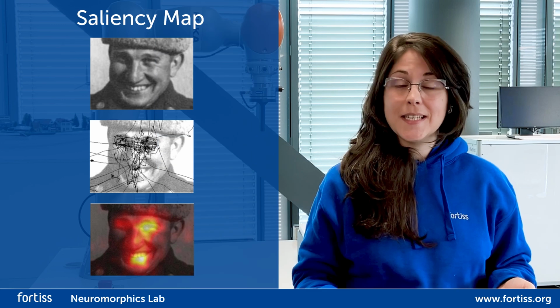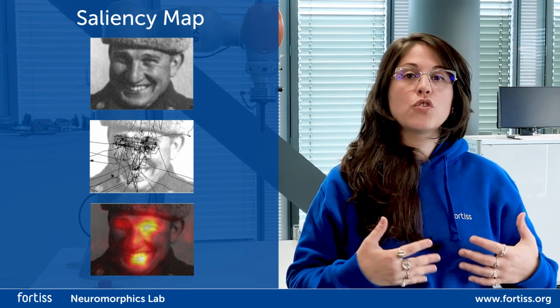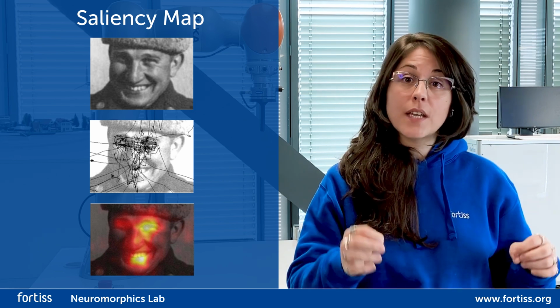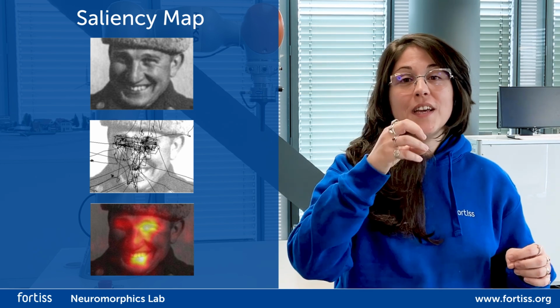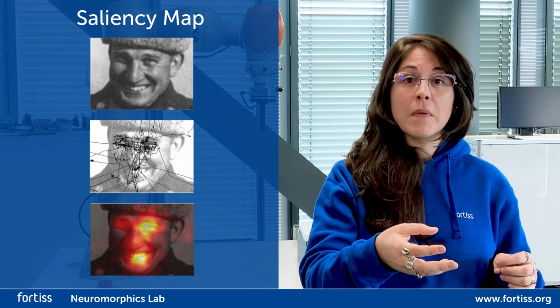But then, how do we understand what these salient areas are where we put attention? And especially, what is a saliency map? We saw before that Yarbus was showing these images to different subjects, and then we have the scan path, which is the trajectories of the eyes moving over the image.